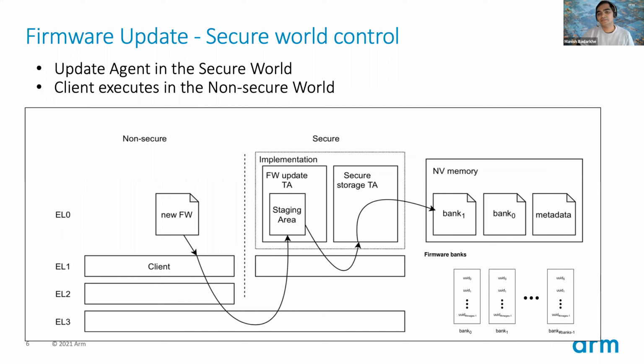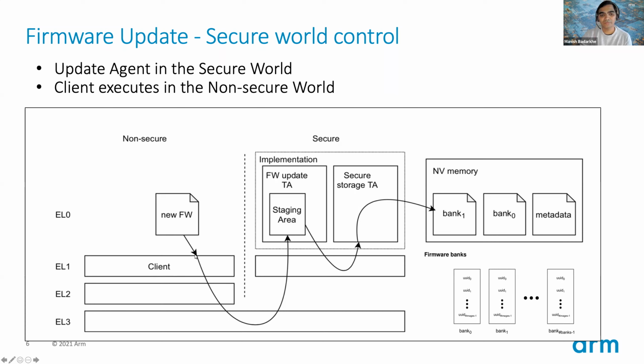When we have the flash present on the secure side, then the update agent lies on the secure side, because then the flash can only be controlled by the update agent. The client, as I mentioned, lies in the non-secure world. It is kind of the OS.